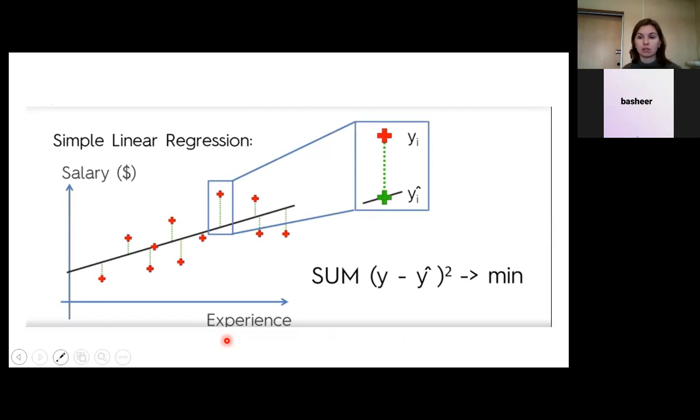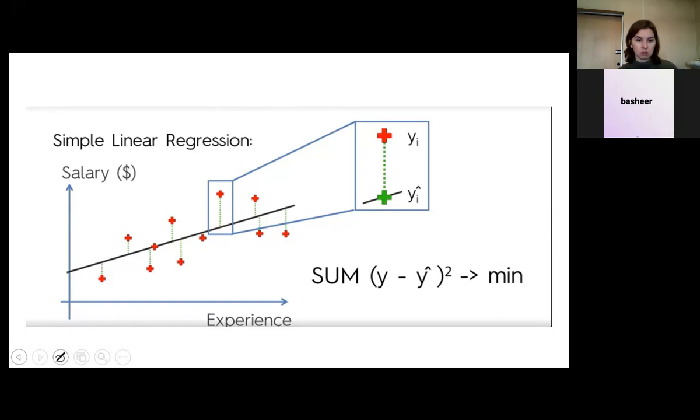We are trying to find the line which expresses this linear relationship, and the error between prediction and true value should be as small as possible. How to measure this error? Fix your attention that this distance is a vertical line.